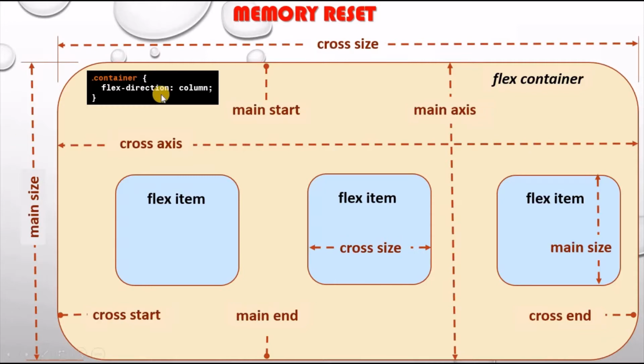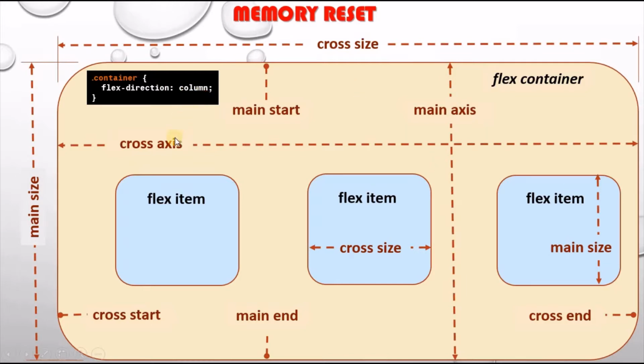Right? If flex direction is column, you see things have changed now. Our main axis is now this one. It has been set by flex direction. That is the one which determines the main axis, which is now this one, because we said our flex direction is column.